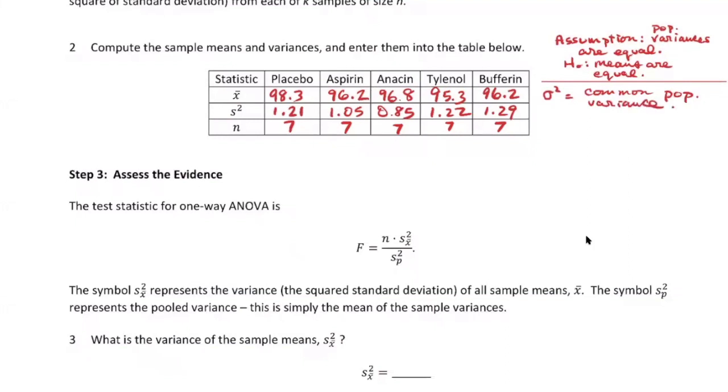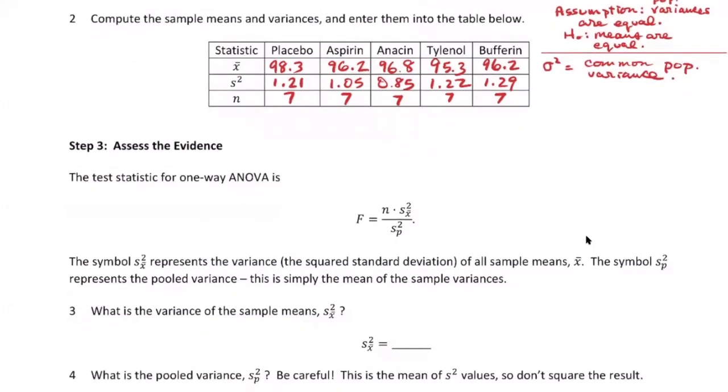And if I want to estimate sigma squared, there's a couple of ways we do this. The first way is we look at the standard error for sample means.